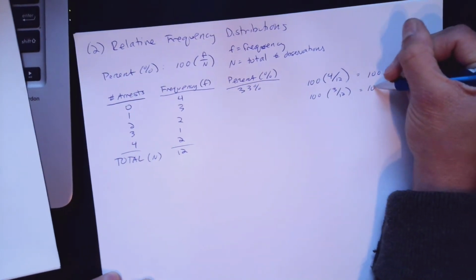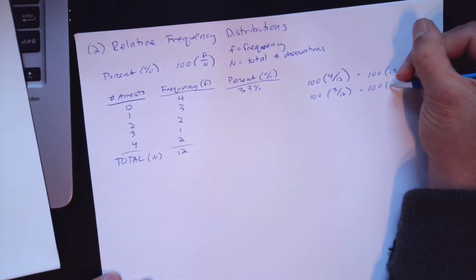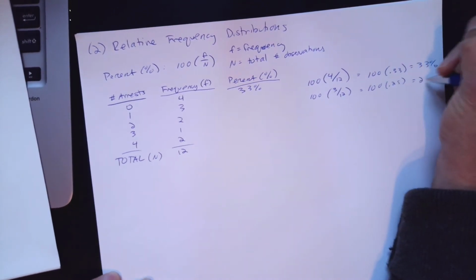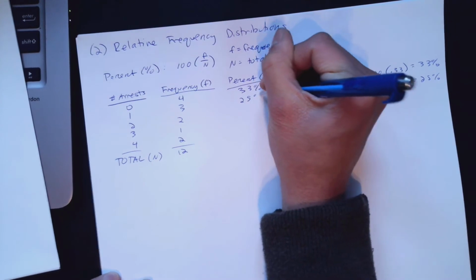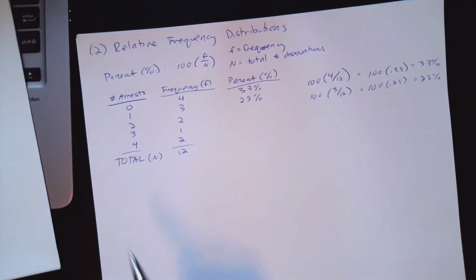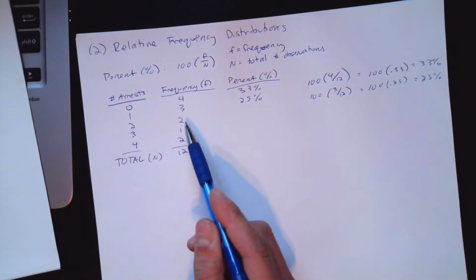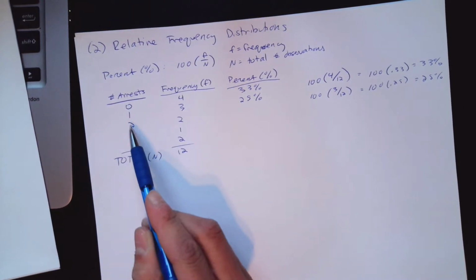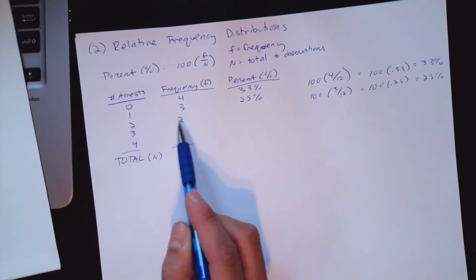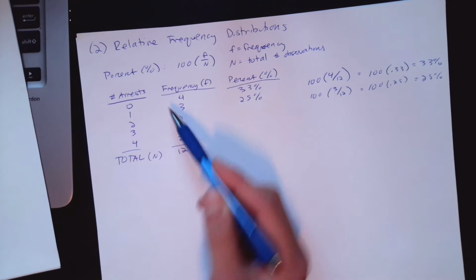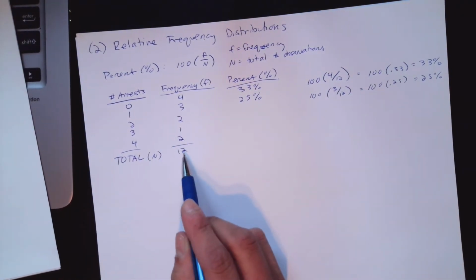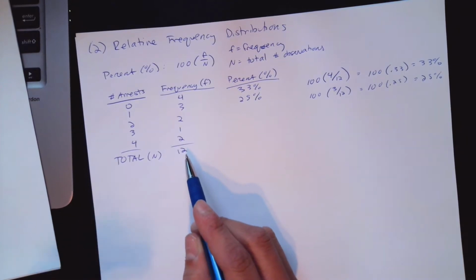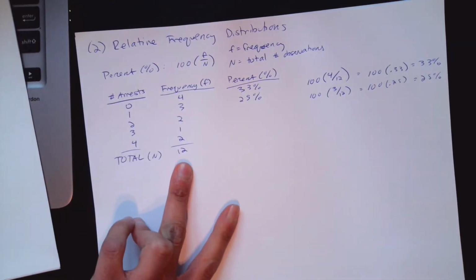Here we get 3 over 12, that gives us 0.25, and so we have 25% here. You can do this for each of the different values in the table, and in each case you're taking the value in your frequency column f and plugging it in for your frequency. N stays the same each time because each time we have the same total number of people in the sample overall.